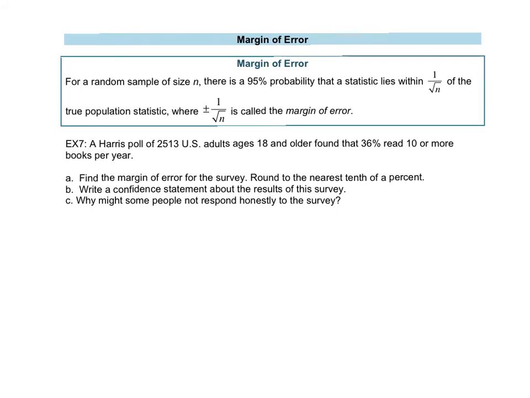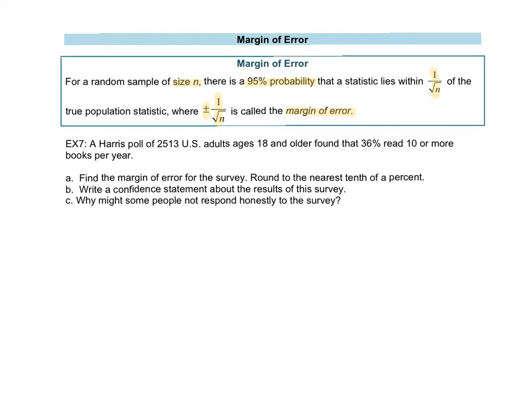So if you have a random sample of size n, so n is just the number of people you sampled, then there is a 95% probability that a statistic lies within 1 over the square root of n of the true population statistic, where plus or minus 1 over the square root of n, that's what we call the margin of error. Again, this is all a bunch of words until we actually apply this margin of error.